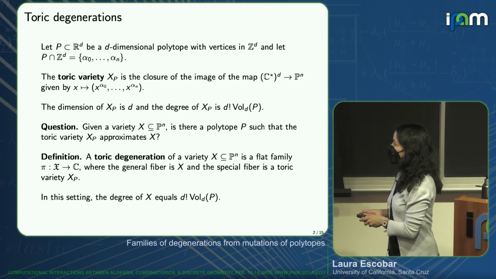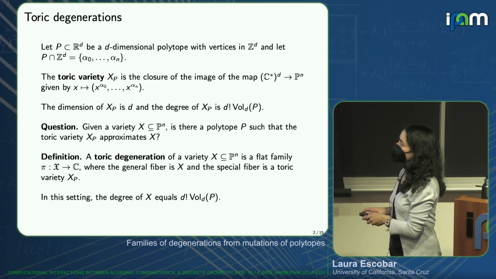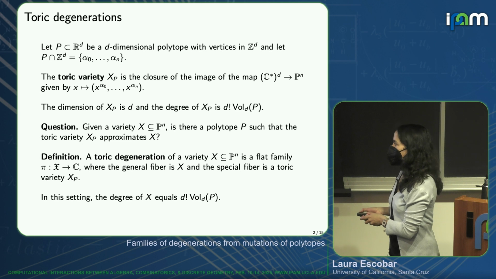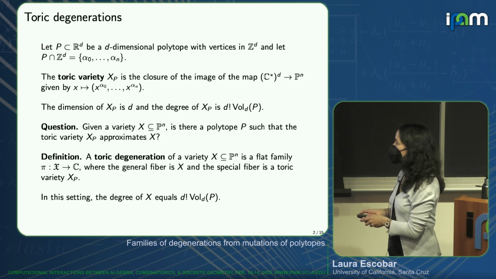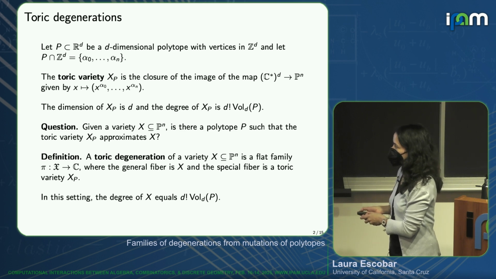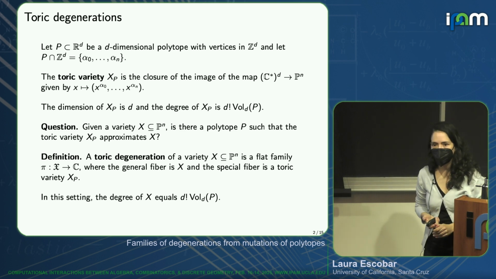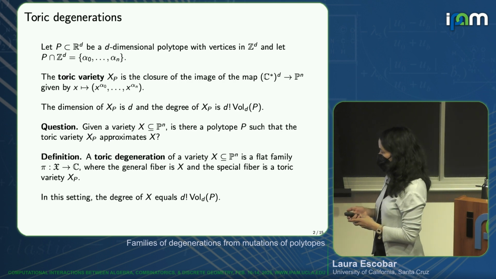So for example, the dimension of your variety is going to be the dimension of the polytope, the same relation between degree and volume, and in general, the Hilbert function of this variety is going to be the same as the Hilbert function of the toric variety, which is completely polytopal, and you can see the details in Cox-Little-Schenck.